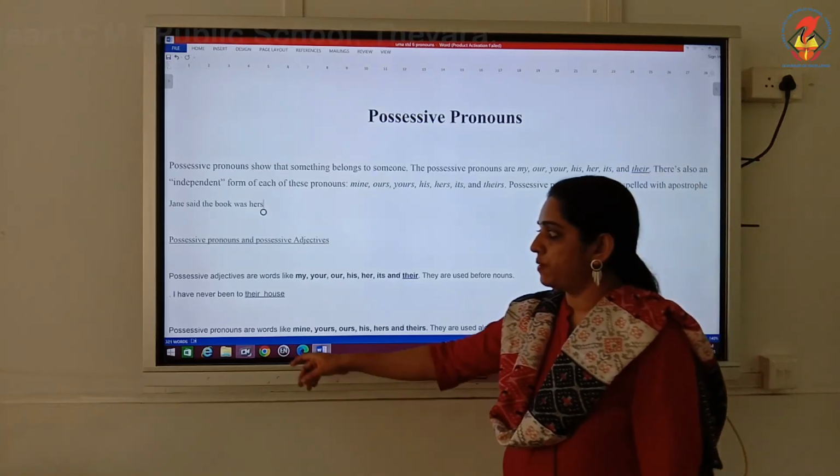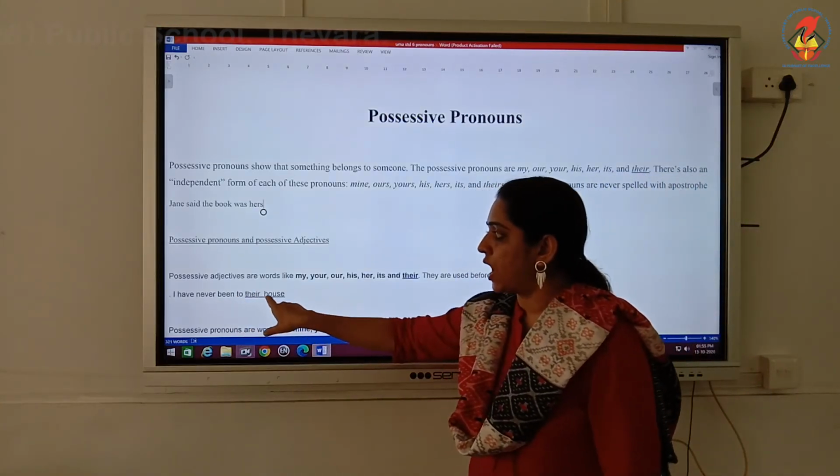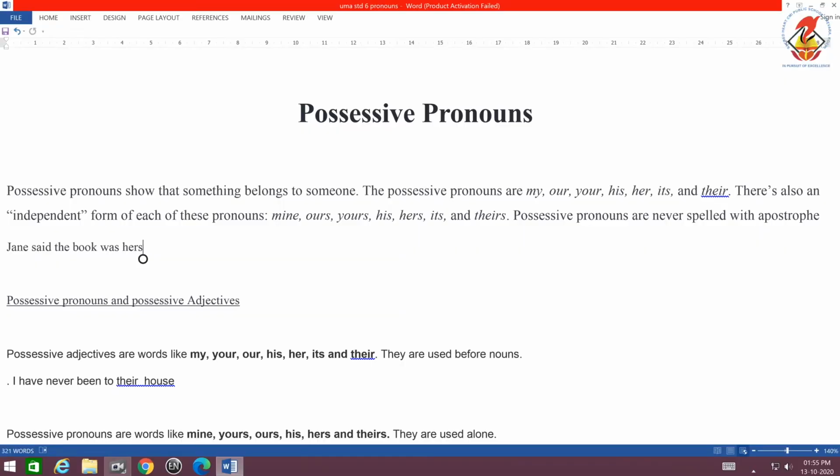See the example. I have never been to their house. House is a noun, so before that you can see their. So, this word their functions as a possessive adjective. Adjective means it will be before a noun.